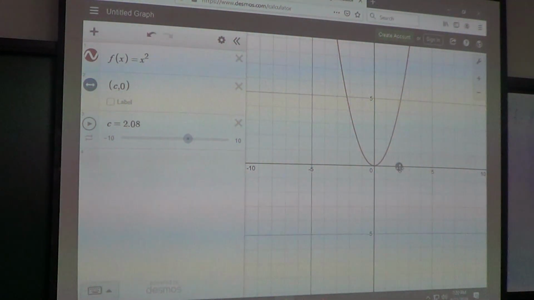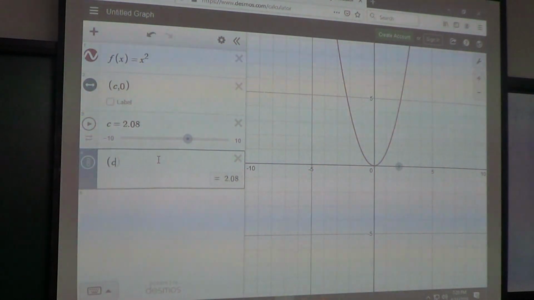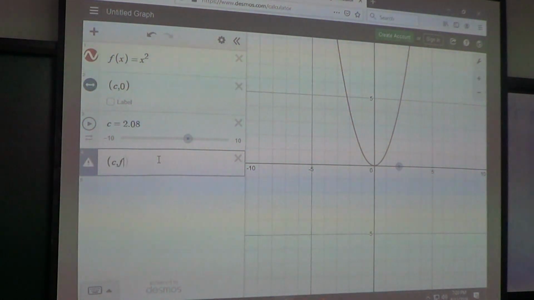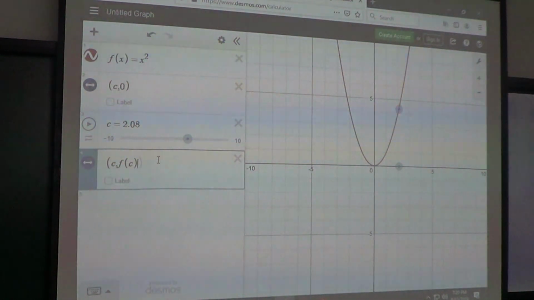And then I would like to plot the point, the output corresponding to this. So how can I plot the output? Let's plot C and f of C. And now if I move my inputs, the outputs are moving as well.